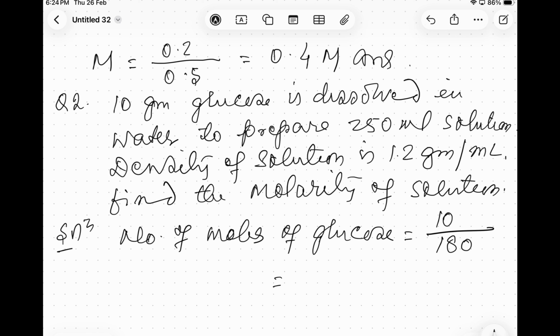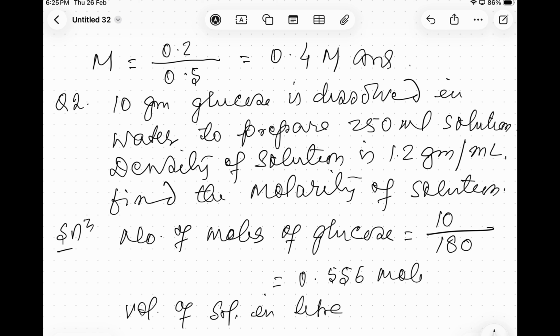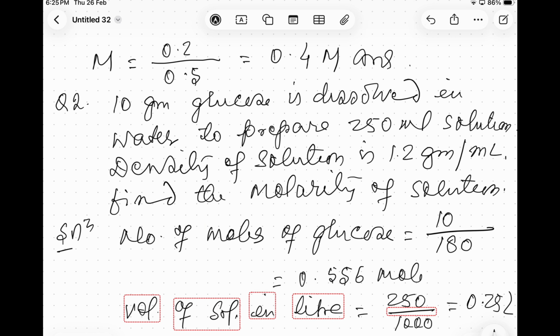So 10 by 180, the value will be 0.0556 mole. Volume of solution in liter should be equal to 250 by 1000, and it is equal to 0.25 liter.